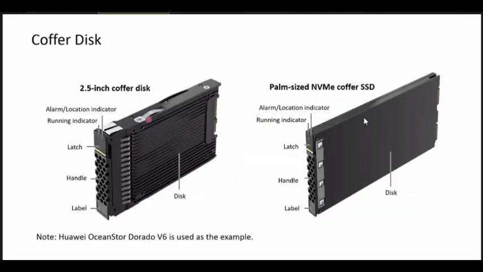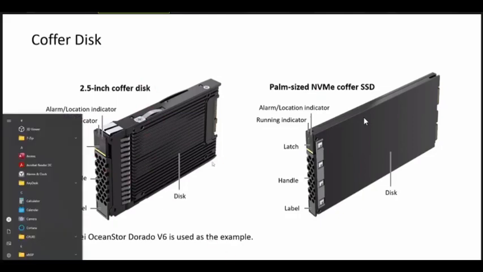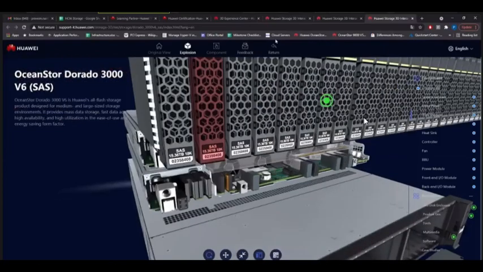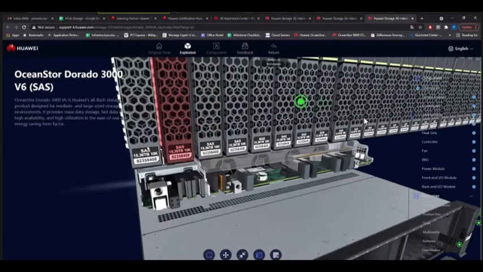Coffer disks. So usually you will set up which Coffer disk you want. All the disks will look the same, but you have to put your stickers here. So generally you will do something like this. With the disk here, you'll go inside and rename this one. You'll put some name here, Coffer disk or something.